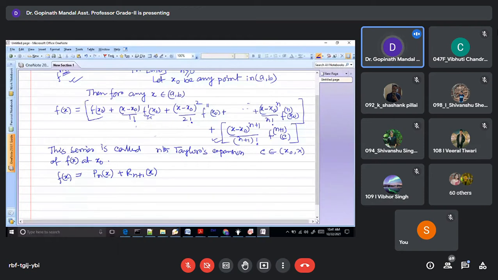But Pn(x) is what? This expression from here to here is Pn(x), and the last term concerning the point C is called the remainder or error term.